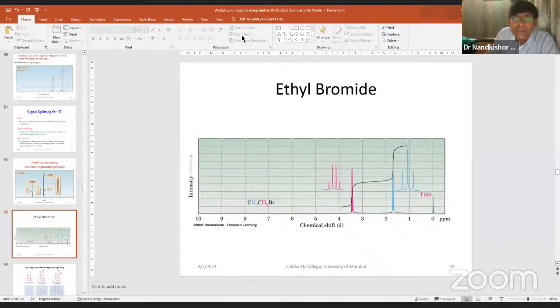Here the CH3 is close to the CH2. That means CH3 will give the triplet, a 3-line spectrum, and CH2 will give the 4-line spectrum because it is near the 3 protons, so it will give the quartet. So the triplet quartet pattern is fixed for the ethyl type of groups. Let's move to the next.